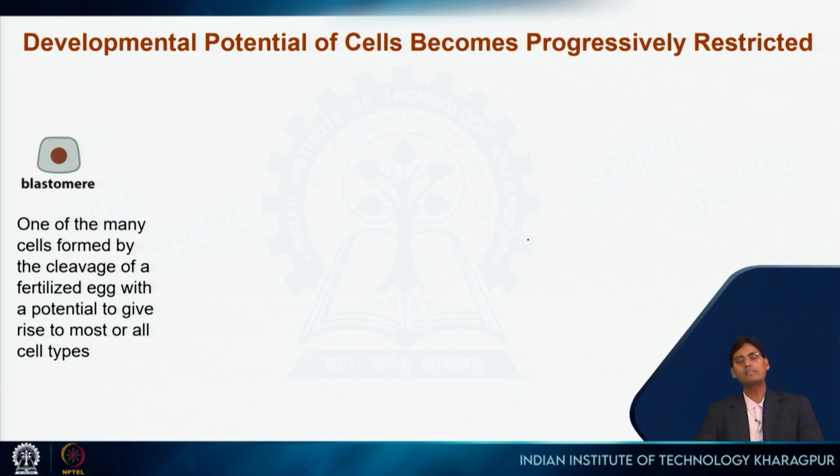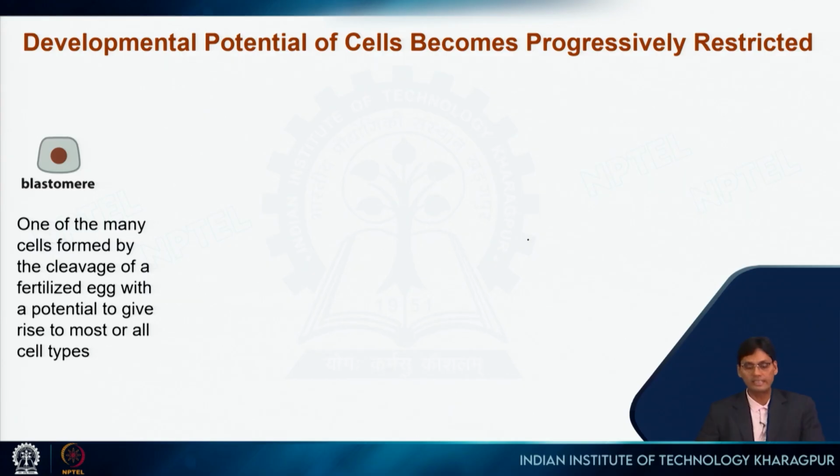And after gastrulation, when we have ectoderm, endoderm and mesoderm, they have some kind of restricted potential. Mesoderm will form blood tissue or connective tissue, but mesoderm will not form nerve cells, for example, because that is already restricted.